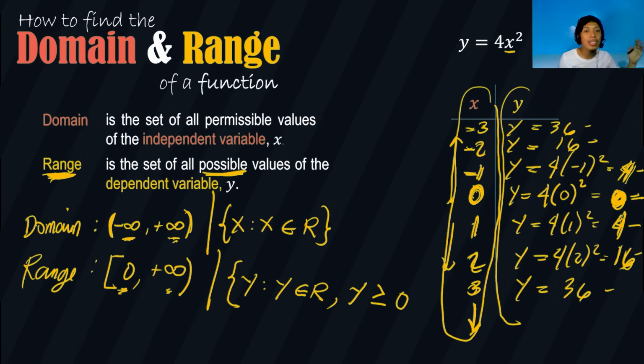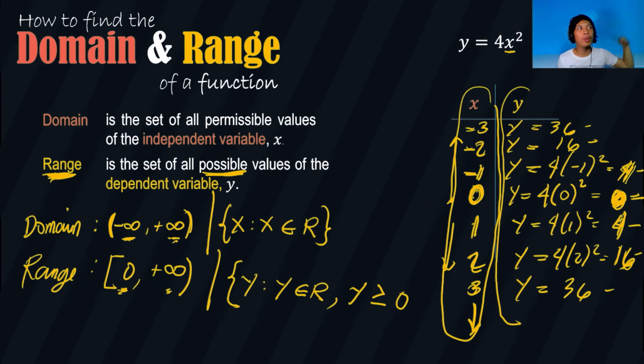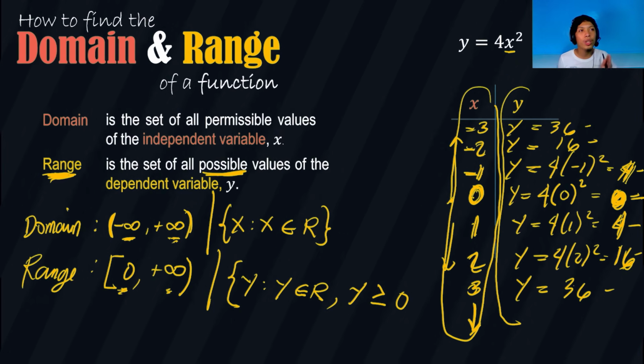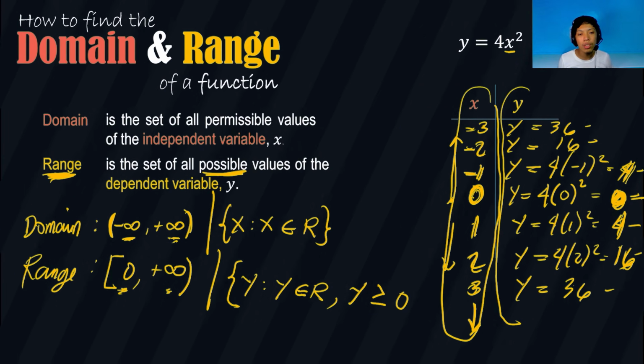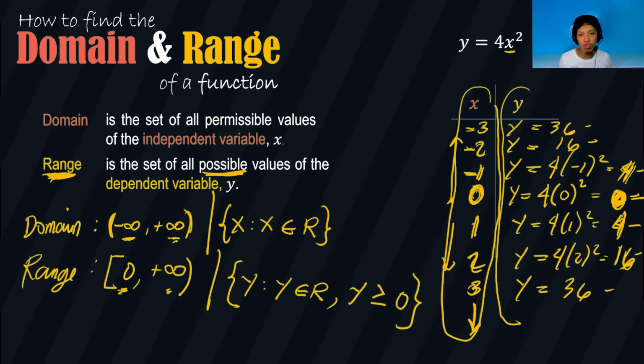So, from 0 to positive infinity. Greater than or equal to 0. So, that means from 0 to positive infinity. So, this is your range.